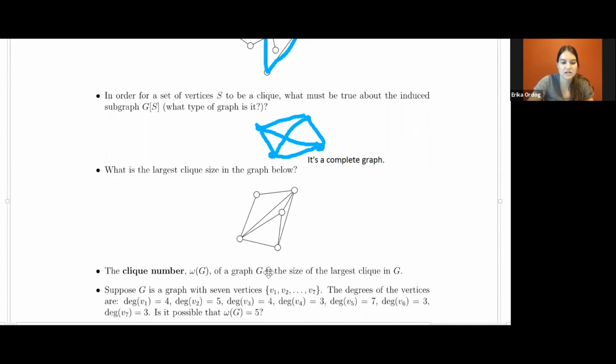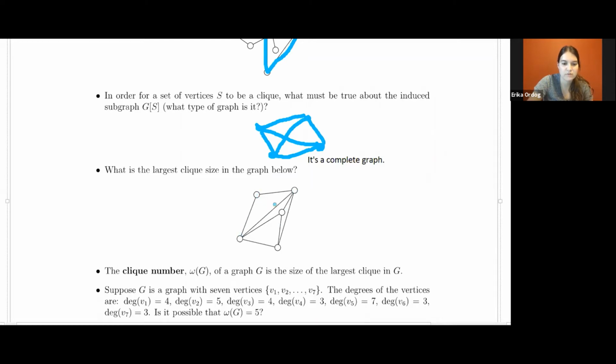Now you can start to do this example on your own. What's the largest clique size in this graph here? Why don't you pause and figure that out? Okay, welcome back. Let's find the largest clique size in this graph. Right away I notice a triangle.